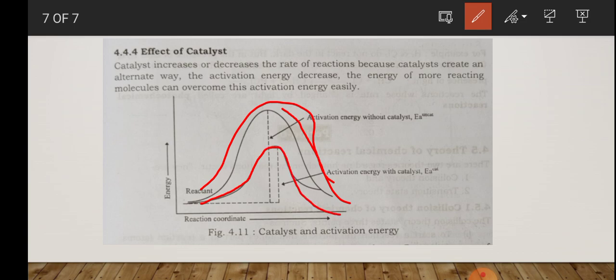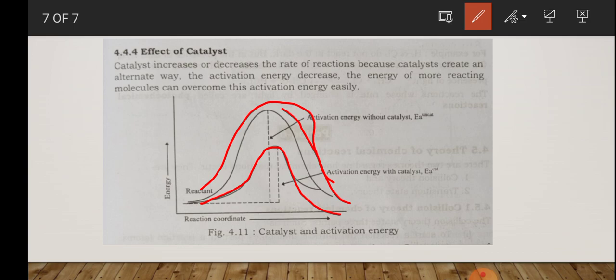And you look here, in this alternative way, the activation energy is decreased, and when the activation energy decreases, then the rate of reaction automatically increases.